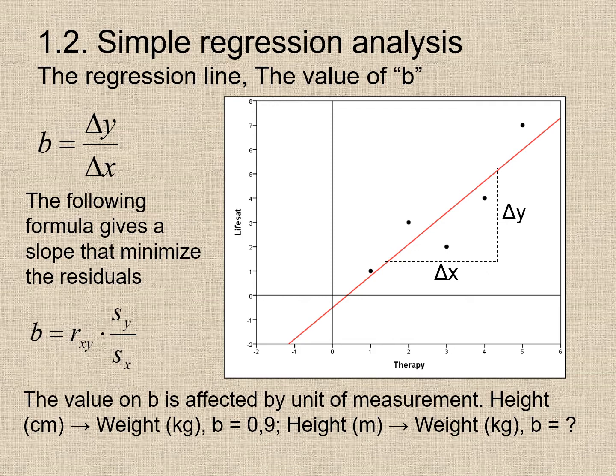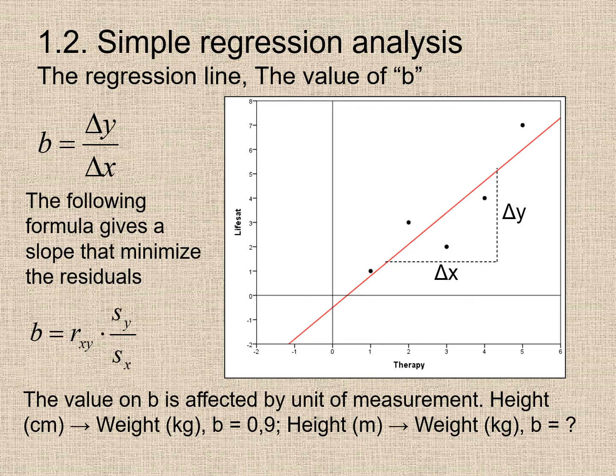So the slope of the regression line: how much the value on the dependent changes for an increase in the independent by 1. It has many names. It's also called B here, the non-standardized regression coefficient. All those three things are the same. So how do we calculate the regression coefficient, the slope of the regression line, in order to minimize the sum of squared residuals?